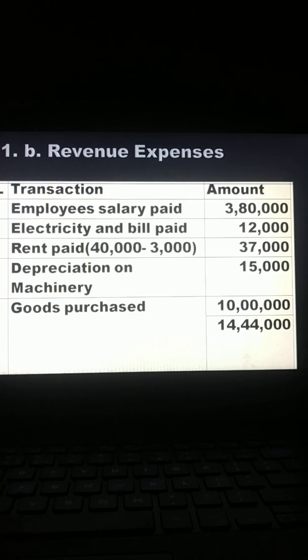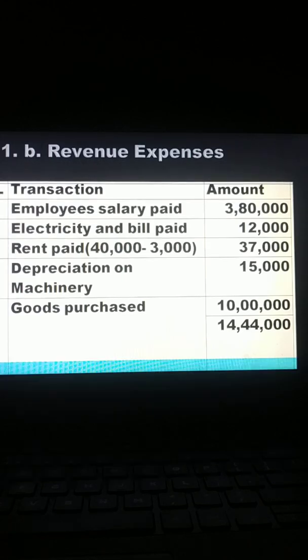Out of this I subtracted 3,000 and 37,000 is the expense. So in the expenses I have to write the current year's one. Be careful, student. Keep it in mind. When you write the expenses, they should be for the current year, current month. Then depreciation of machinery 15,000 and goods purchased 10 lakh. This type of expenditure occurs daily, regularly in the organization. That's why this is revenue expenditure.